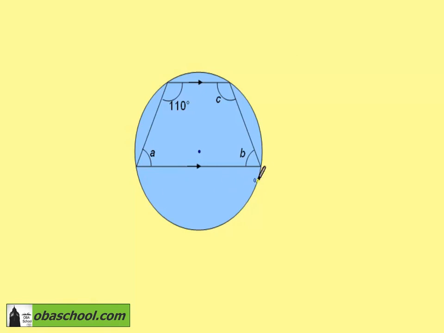Here we have another example. We want to find A, B, and C. We have a cyclic quadrilateral, so B must be equal to 180 take away 110, which is 70 degrees. Opposite angles add to 180. If we look here with the parallel lines, we can see that we have a C shape.